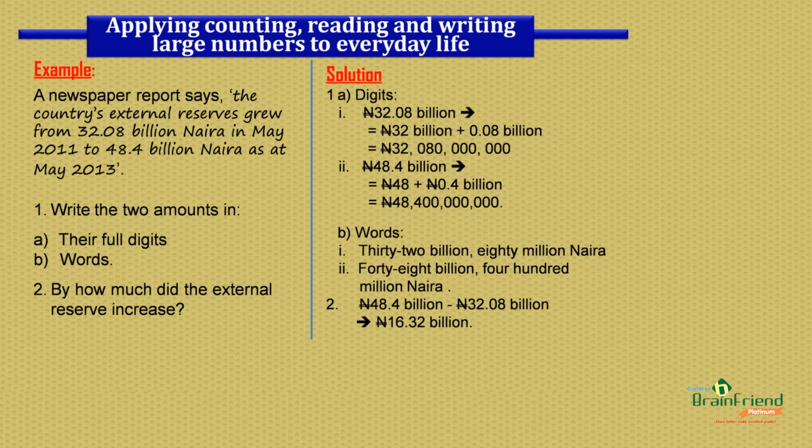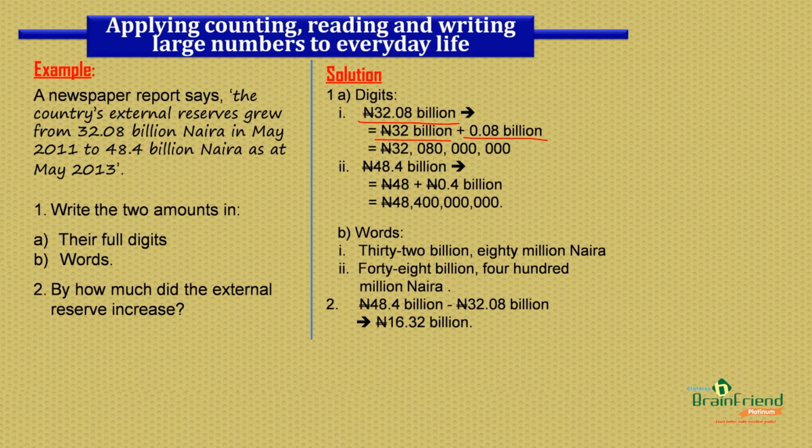Now, in digits, the number 32.08 billion naira is written as 32.08 billion. The first two digits can be expressed as 32 billion, while 0.08 billion means 80 million.